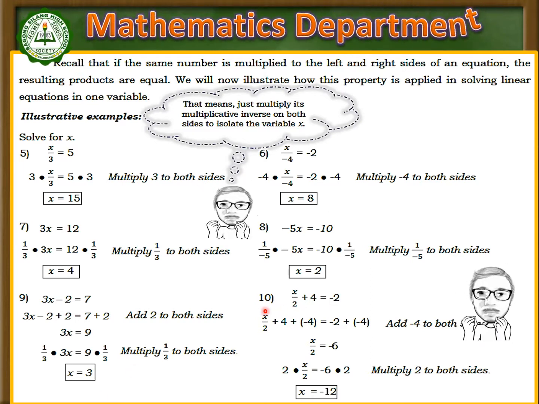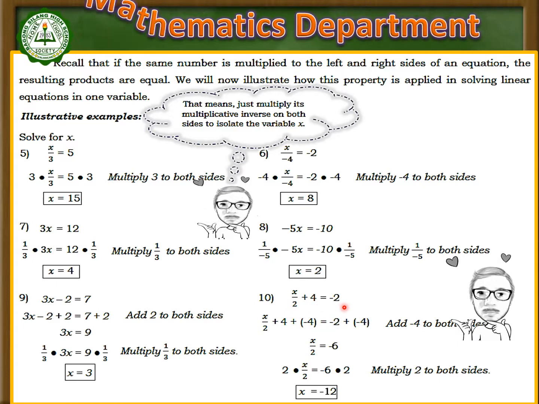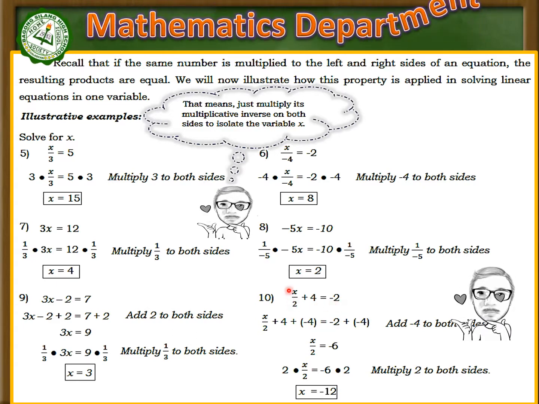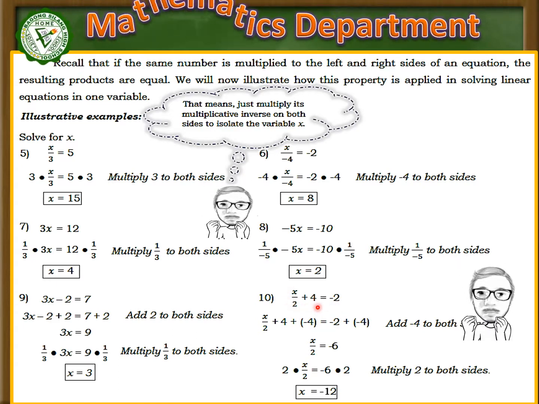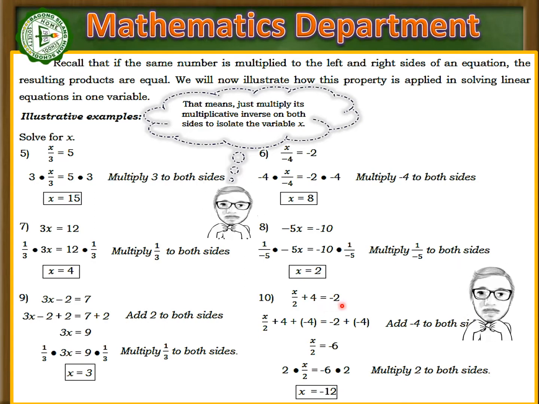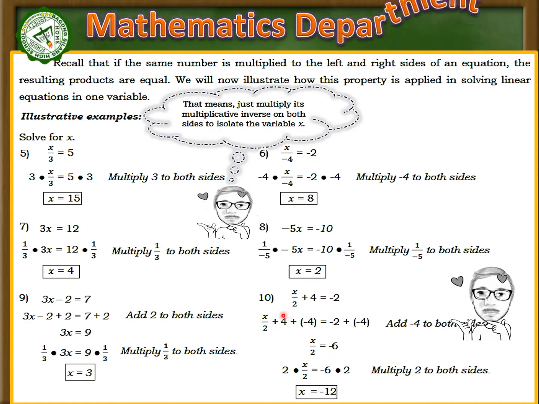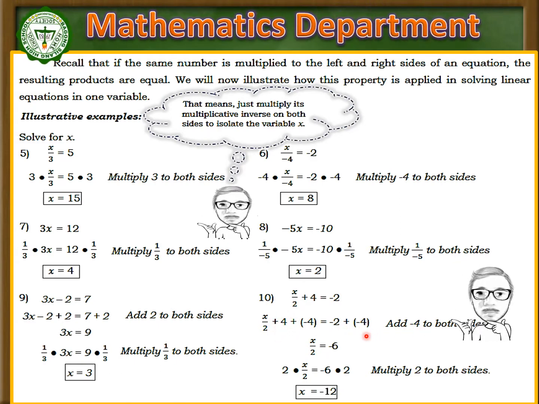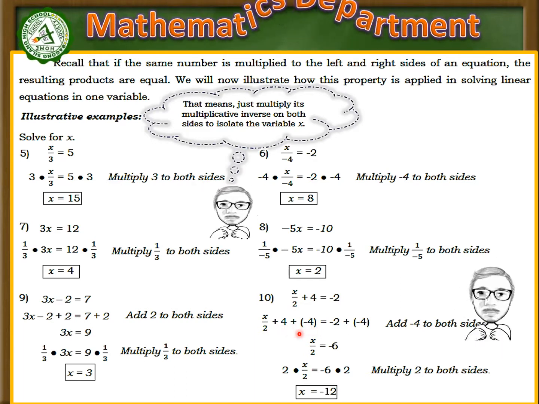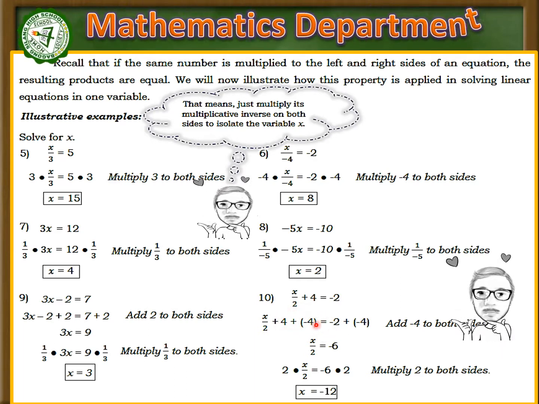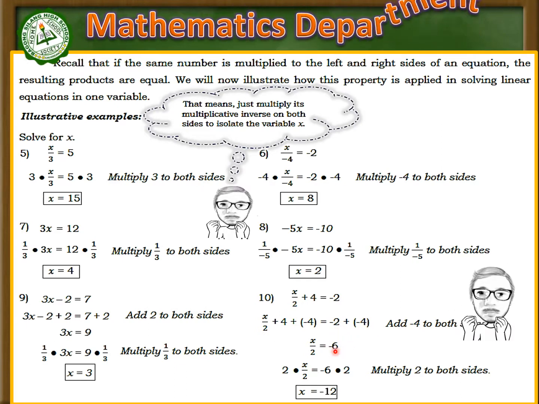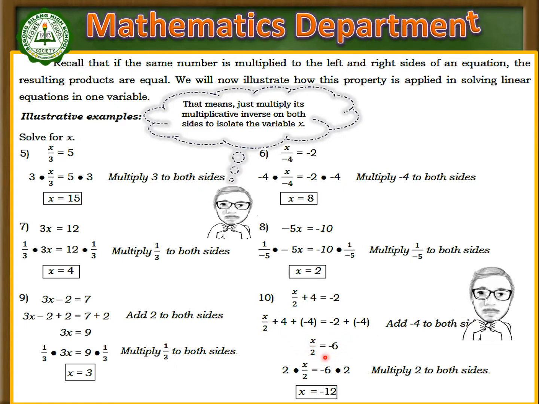How about number 10? x divided by 2 plus 4 equals -2. Or a number divided by 2 added by 4 equals -2. So the first step is to eliminate +4 by applying the addition property of equality. So that's -4. -4 plus 4 will be 0, and -2 plus -4 will be -6. So x over 2 equals -6.